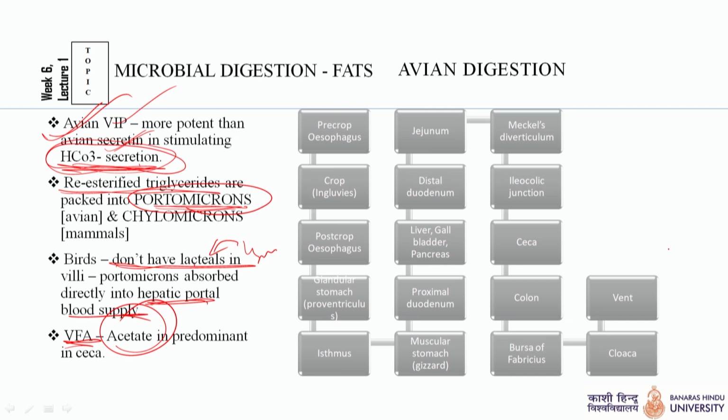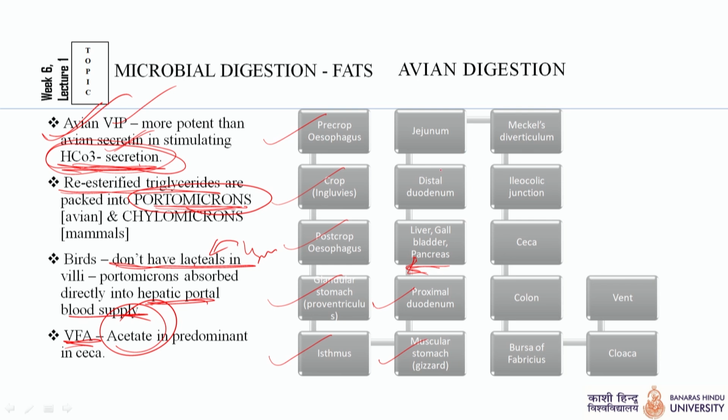If you see the alimentary tract of avians, there is the esophagus, divided into the pre-crop esophagus, then the crop or ingluvies, and the post-crop esophagus. Then the glandular stomach or proventriculus, then it enters the isthmus, then the muscular stomach or gizzard, and then the proximal duodenum. The liver, gallbladder, and pancreas join between the proximal duodenum and the distal duodenum.